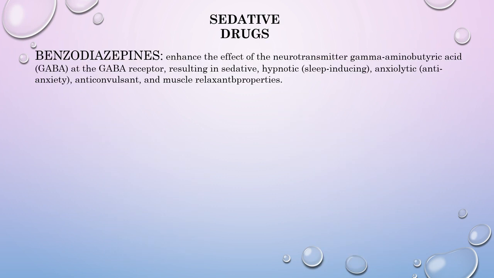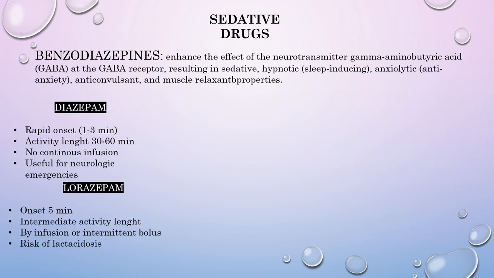Among sedative drugs, we can choose a well-known group, the benzodiazepines. They enhance the effect of the GABA neurotransmitter, enhancing its binding to the GABA receptor, thus giving sedation, hypnosis, amnesia, with anticonvulsant properties.